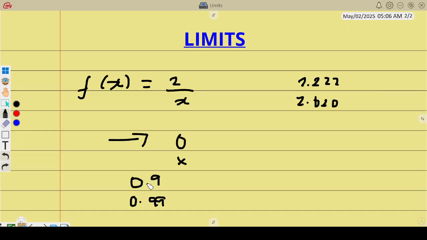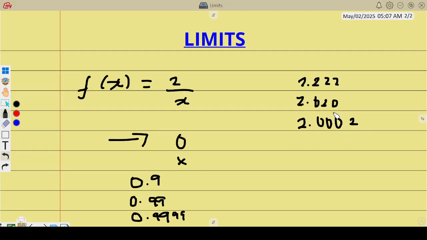Now what if we get an even closer number, like 0.9999, with 4 9s? You are going to have a number that will look like 2.000, and then there will be a 2 somewhere here.